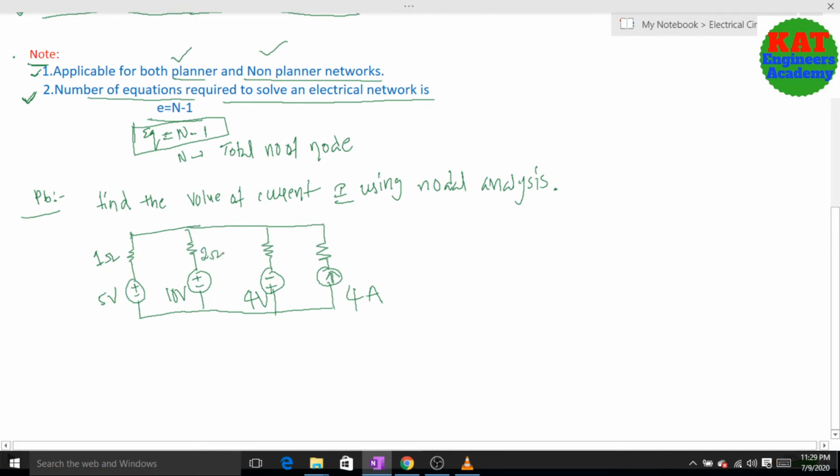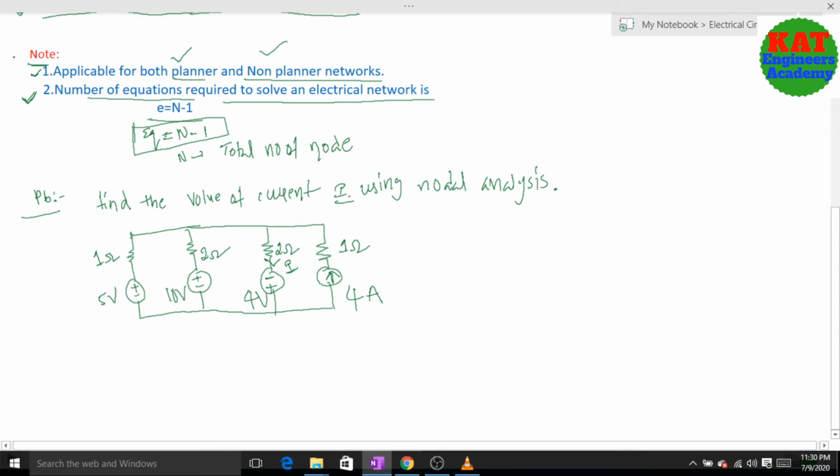There are 2 ohms resistors, 2 ohms resistor, and a 1 ohm resistor. We need to find the current I. So they are asking: find the value of current I using nodal analysis. That current is the current flowing through the 2 ohms resistor.